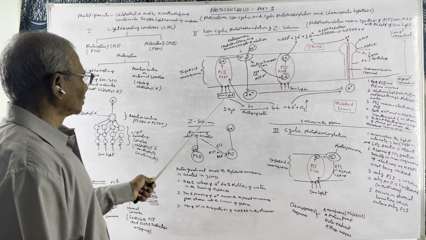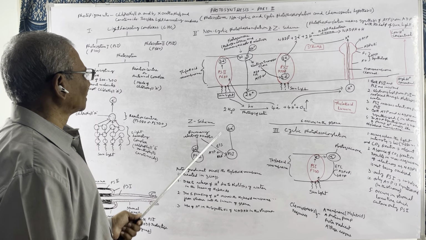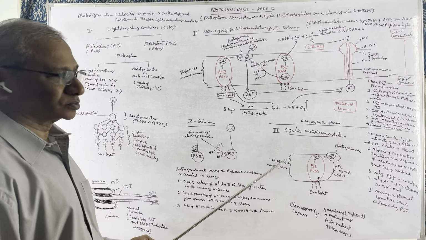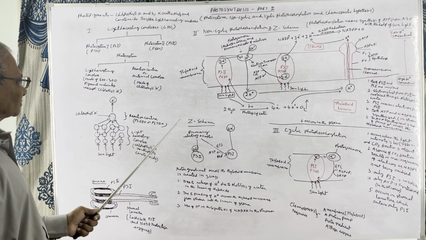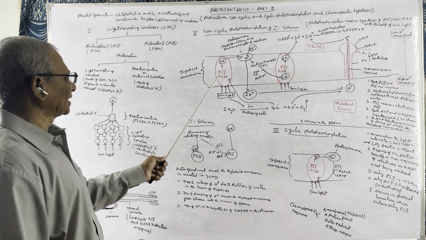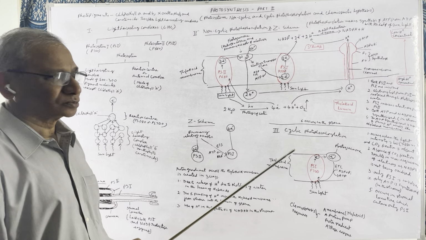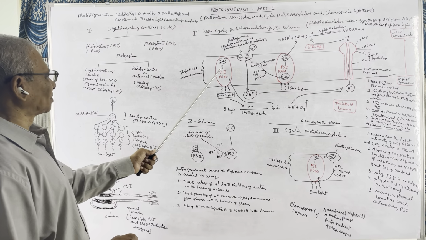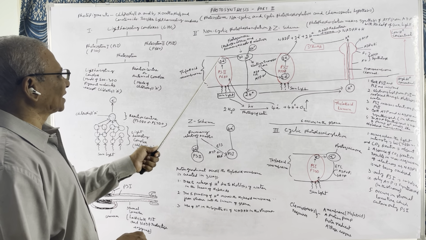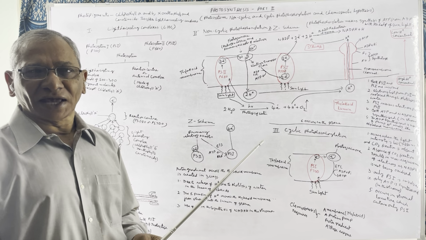So now, when sunlight falls on PS2, what happens? Electrons get excited and they are removed from PS2, from this light harvesting complex. These electrons are to be accepted. Who will accept these electrons?